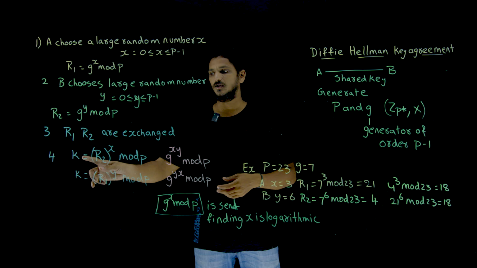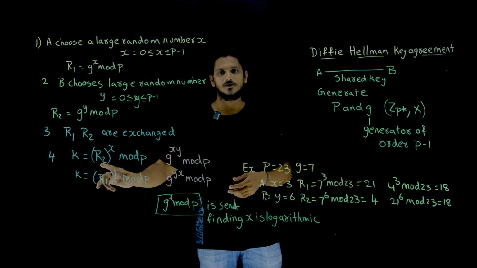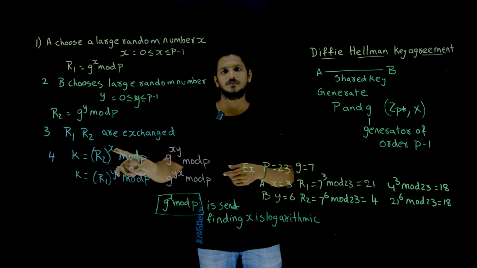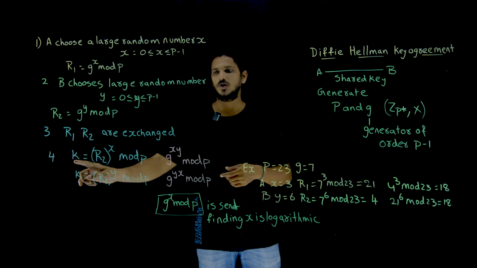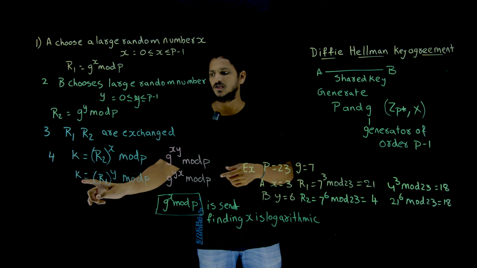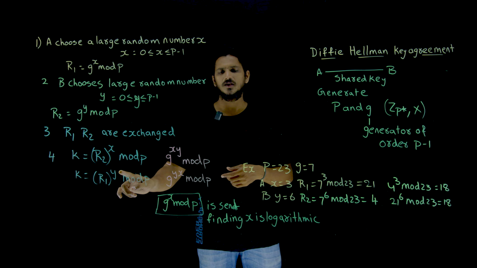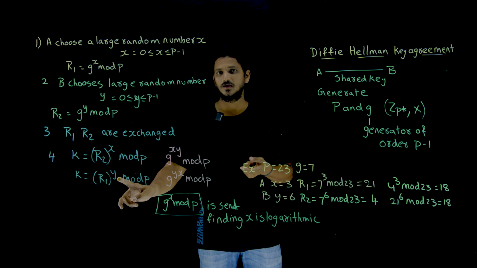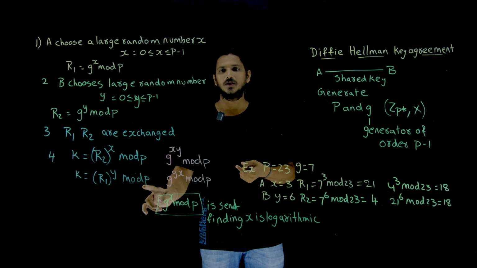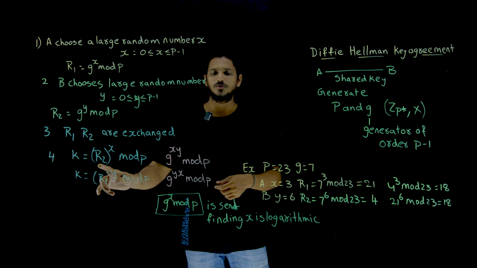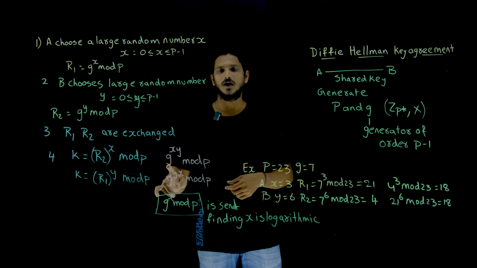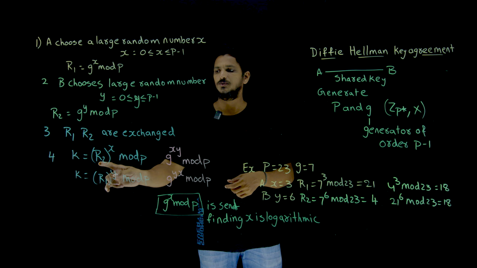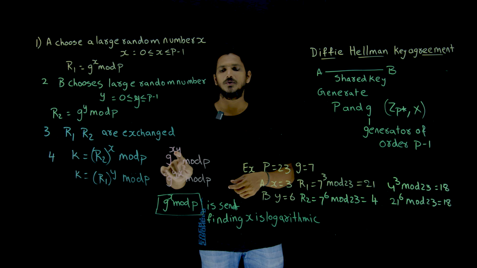How are they going to generate it? Suppose A got R2. A has the X value. R2 power X mod P is what we call the key. Similarly, key is equal to R1 power Y mod P. B has R1, and B has the Y value because Y is generated by B. R2 means G power Y, so G power Y power X means G power XY.